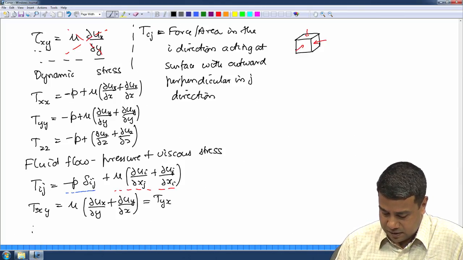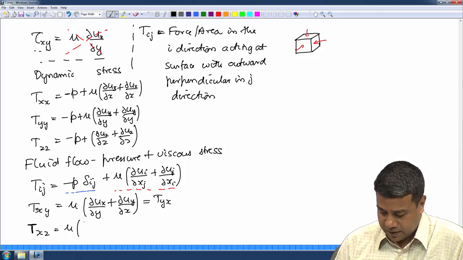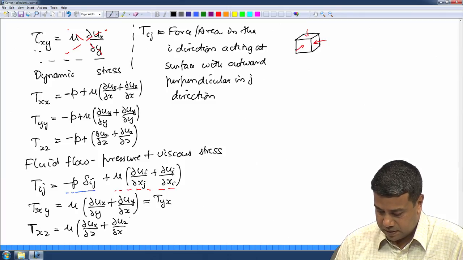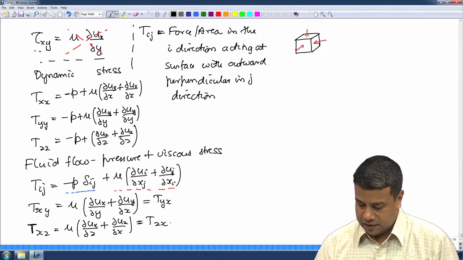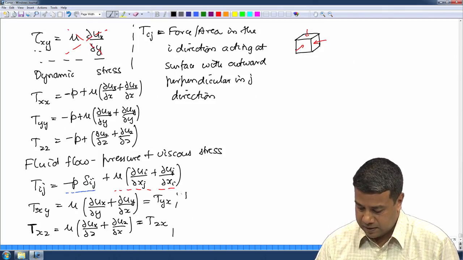Similarly, Txz is equal to mu into partial ux by partial z plus partial uz by partial x, which is Tzx. And similarly for yz.